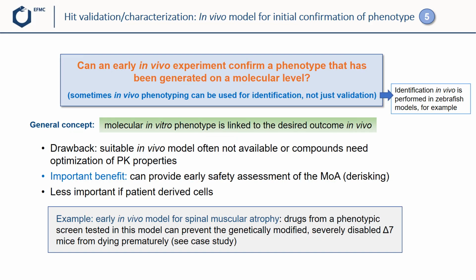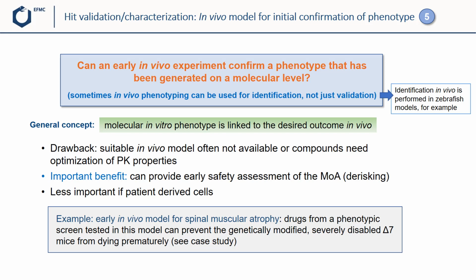The last item that we would like to bring to your attention in this first part of the webinar will be the question if an early in vivo experiment can confirm a phenotype that has been generated on a molecular level. As a side note, in vivo phenotyping can also be used for identification, not just for validation of hits in some rare cases. The idea behind the in vivo confirmation is similar to target-based drug discovery.